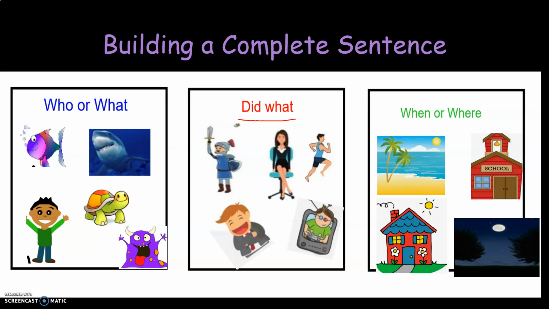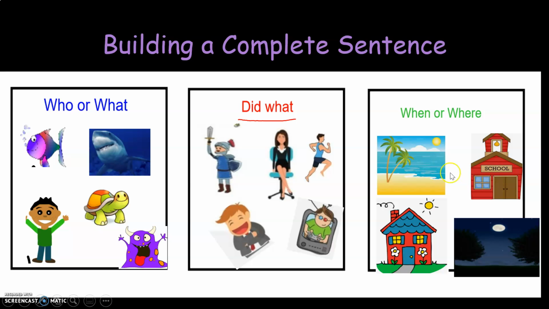We also talked about building a complete sentence in the last video. To make a complete sentence, remember, we are going to start with either a who or a what, which a sentence must have, a did what, which a sentence also must have, and one of these two things to make it simple to start out: a when or a where.